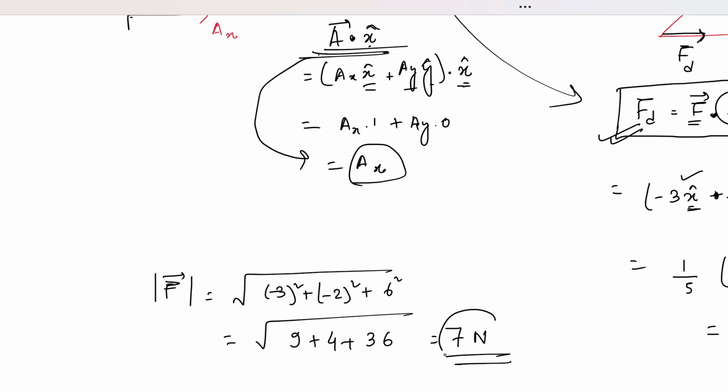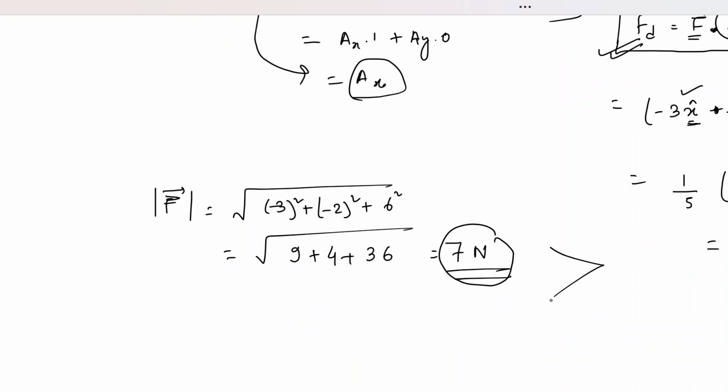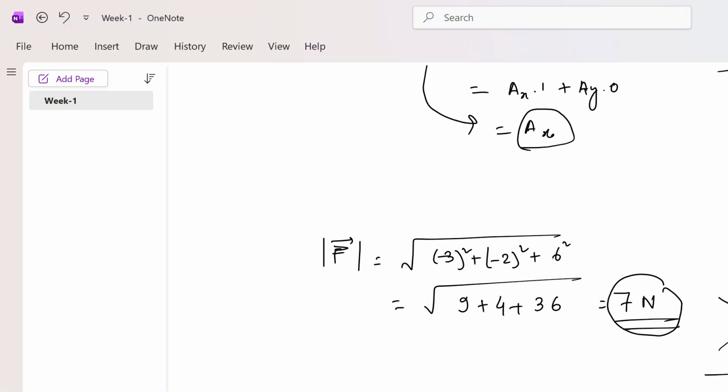So you see that your total force magnitude was 7 Newton and the component of the force along the direction of displacement is just 0.2 Newton. So obviously 7 Newton is greater than 0.2 Newton, right? Thus the component of the force along the direction of displacement is actually smaller than the actual magnitude of the force.